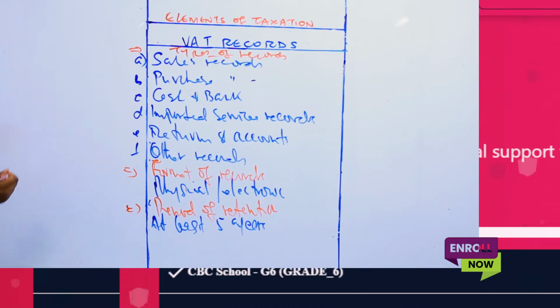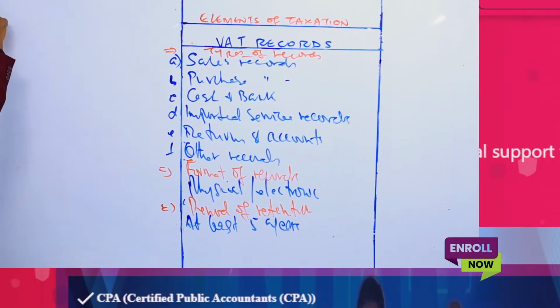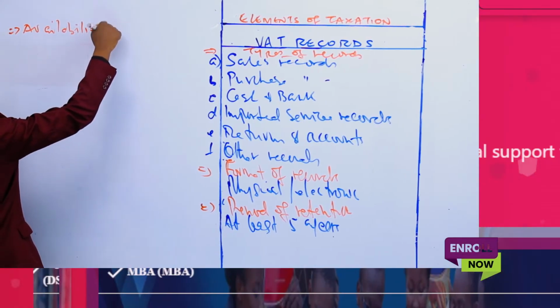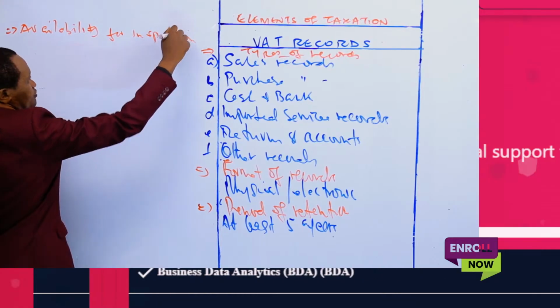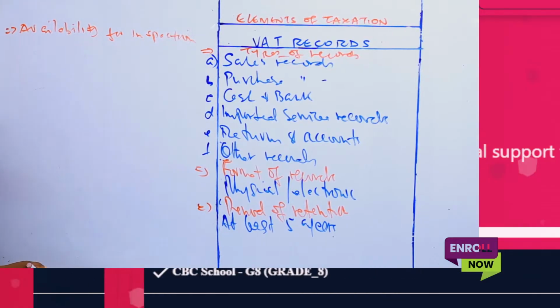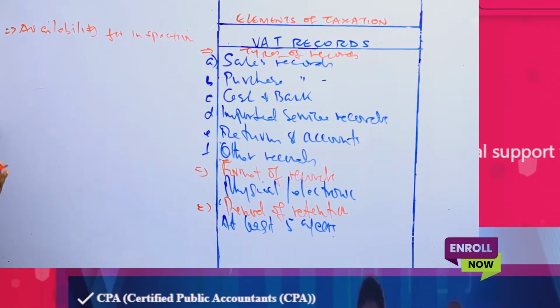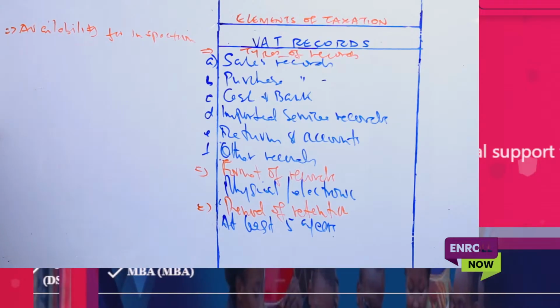Availability for inspection. Availability is important for you to understand. That is to mean that VAT registered persons must make their records available to authorized KRA officials for inspection upon request.